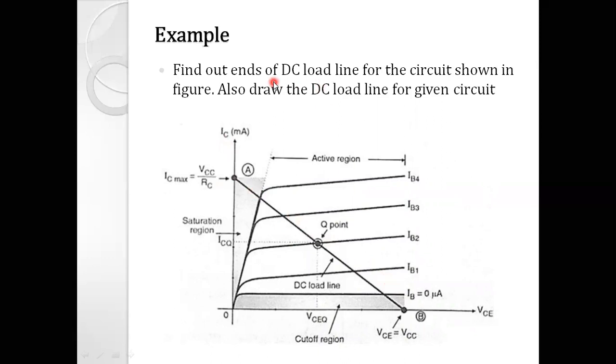So in this example, we have to find out the magnitude of this point and this point. Here you can see that the point at this location is VCC divided by RC, and the point at this location is VCE equal to VCC, right?